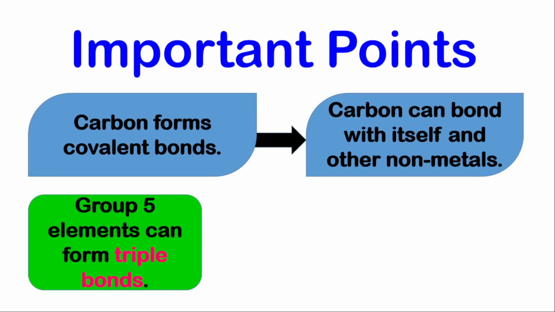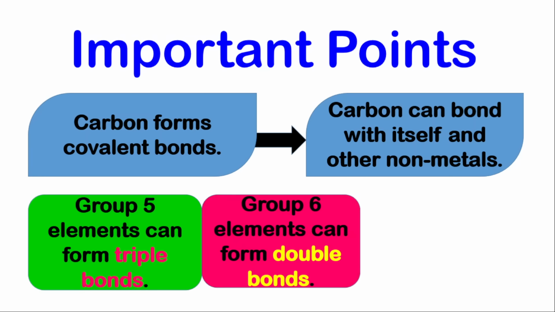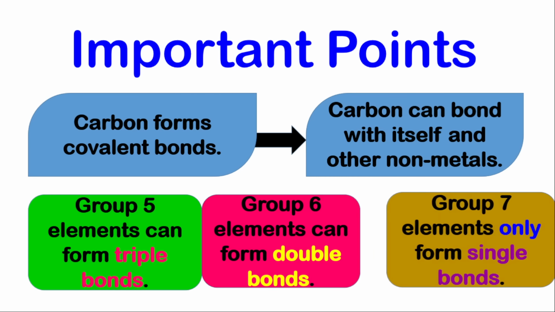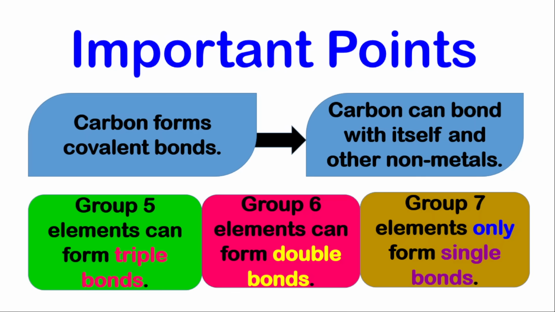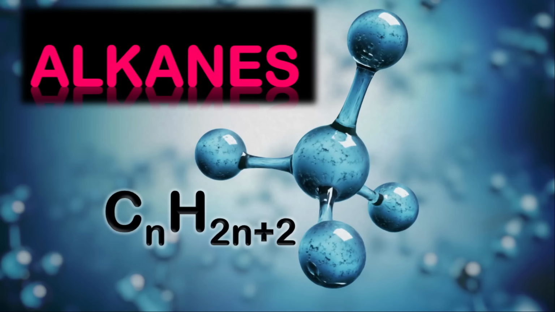Point to note, it can form not only triple bonds, it can form double and single bonds. So group 5 elements could form triple, double, or single bonds with carbon. Group 6 can form double and also single. Group 7 elements can form single bonds only with carbon, only single bonds. So group 7 elements, halogens, can only form single bonds.